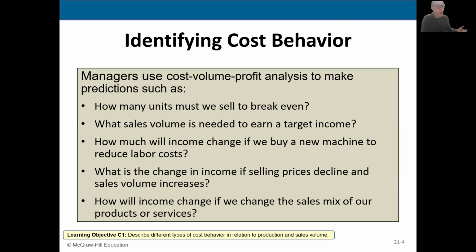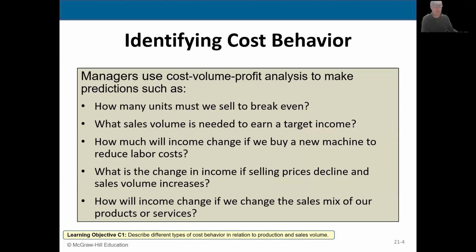Break even is a concept that says I've sold enough units in order to cover all of my costs. Once you've done that, you've broken even. You did not make a profit, but you also did not make a loss. We call that breaking even. Okay. So cost volume profit analysis helps us to understand how many units I need to sell to break even.